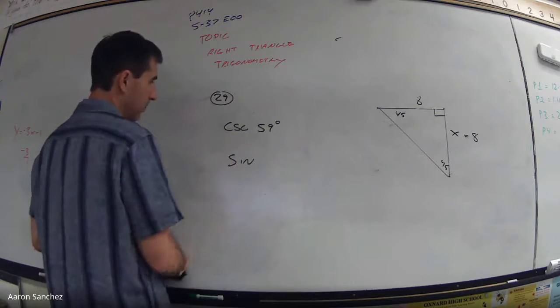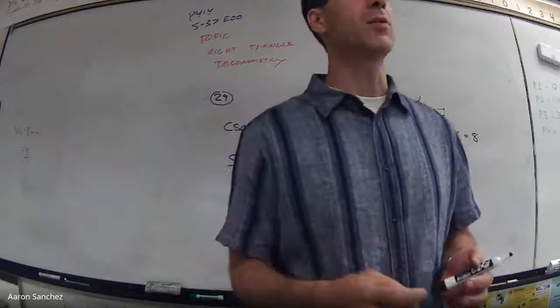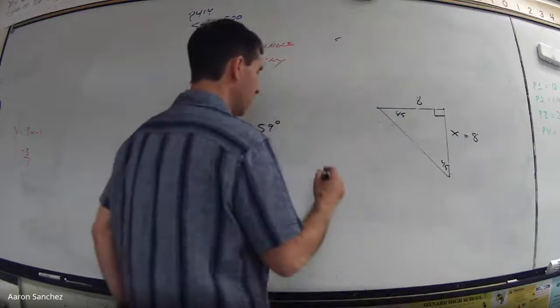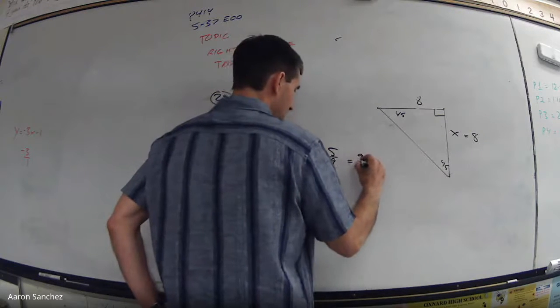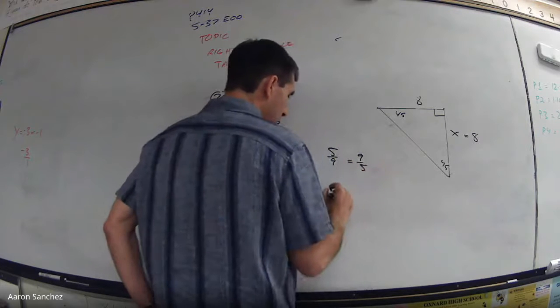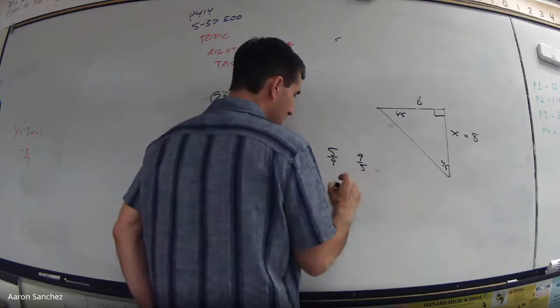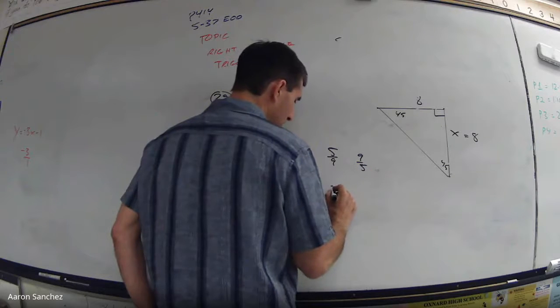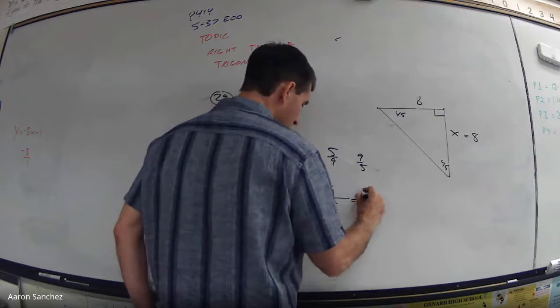Okay, so another way to say reciprocal. You guys know this is Godzilla time, real quick. Do you know the reciprocal of 5 over 9 is equal to 9 over 5? Another way you could write the reciprocal is 1 over 5 over 9 is equal to 9 over 5.